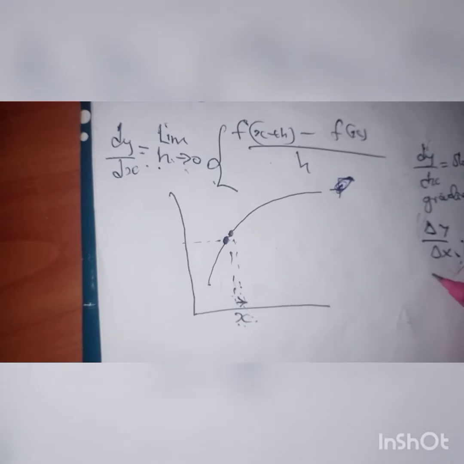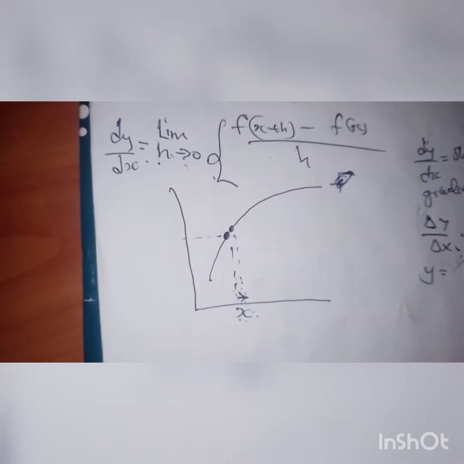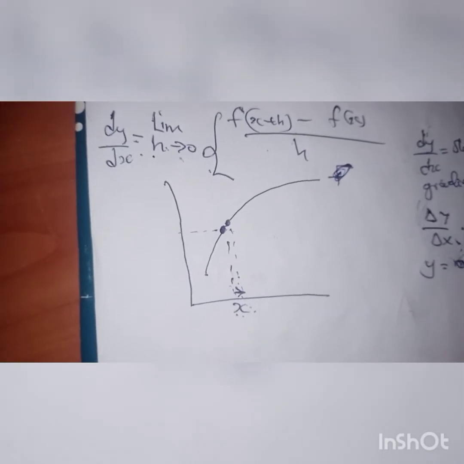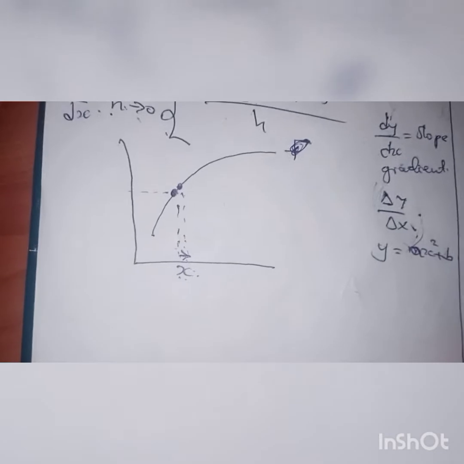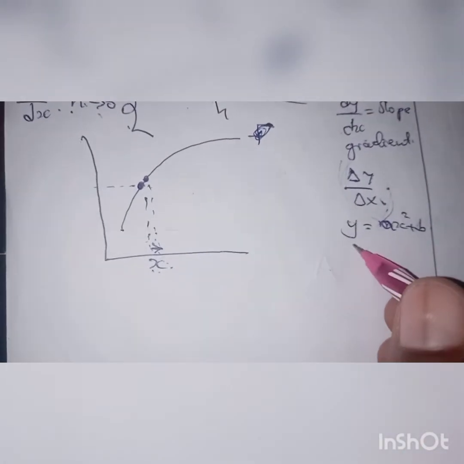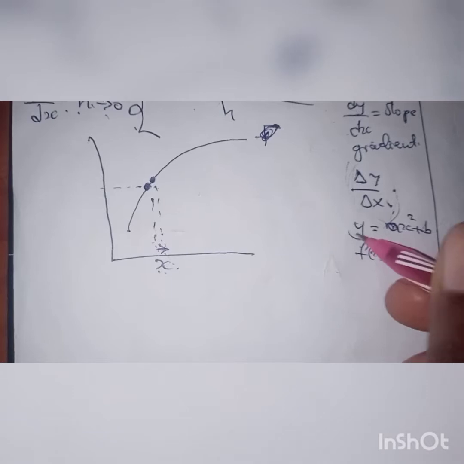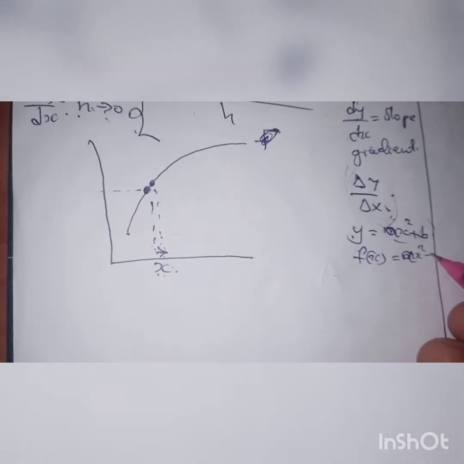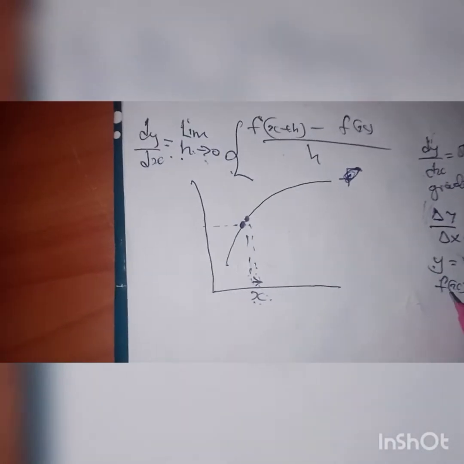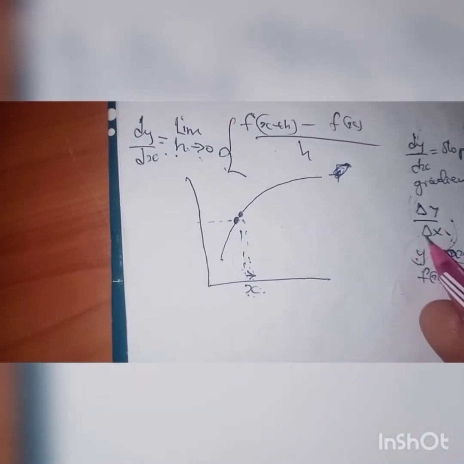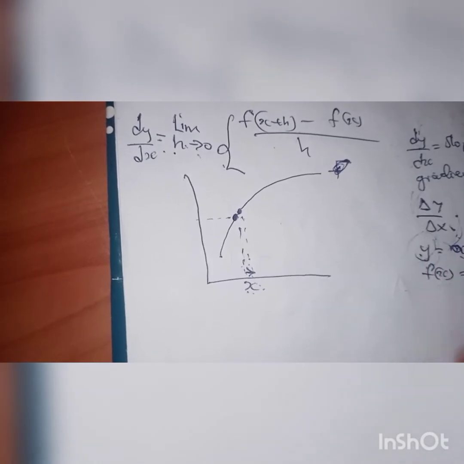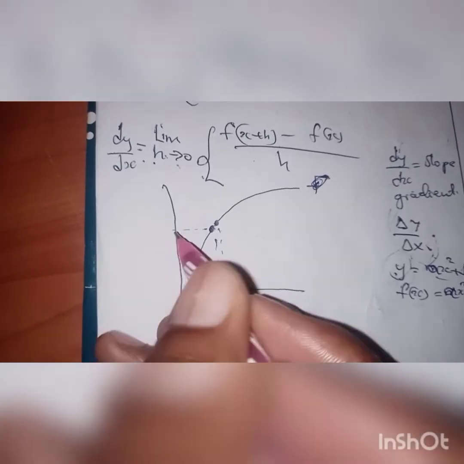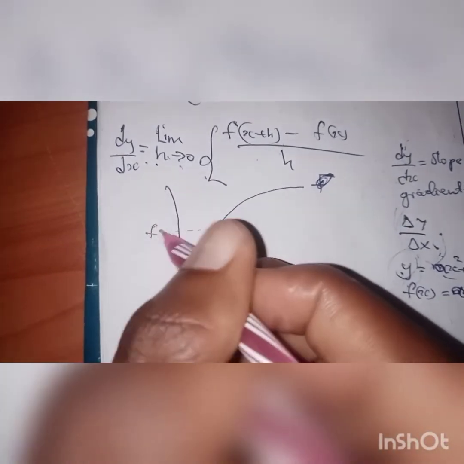But we know that given a function y equals ax squared plus b, y is just the function of x. So instead of using y, let's use the function of x. If this one is x, this one will be just the function of x.